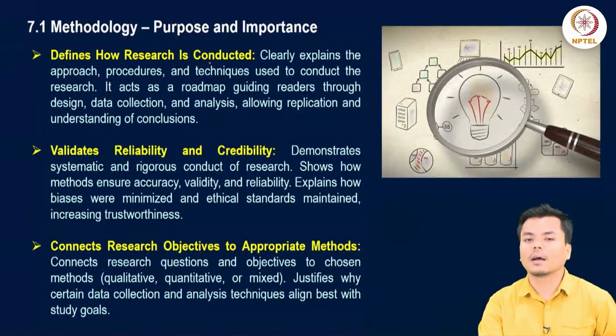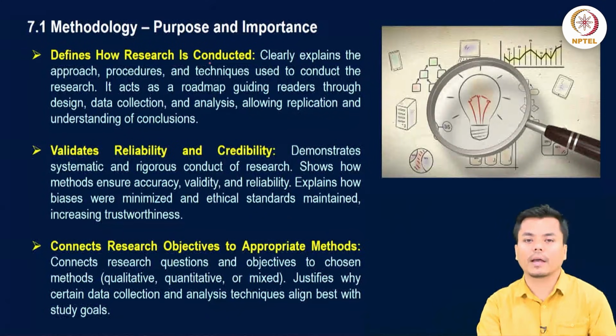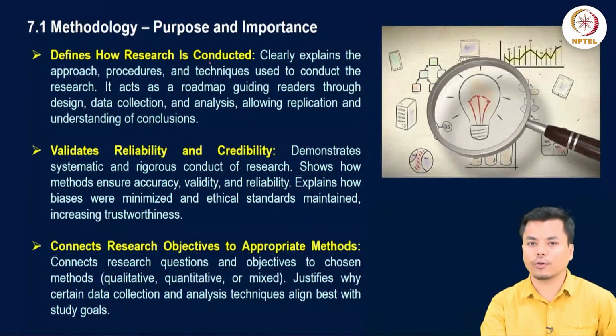The basic objective of the methodology chapter is to give readers an idea about how and what different methods you have used in this thesis to achieve the goal you have set for yourself. This chapter should clearly explain the approach, procedure and techniques used to conduct the research. It also acts as a roadmap guiding readers through design, data collection and analysis, which allows replication and understanding of the conclusion.